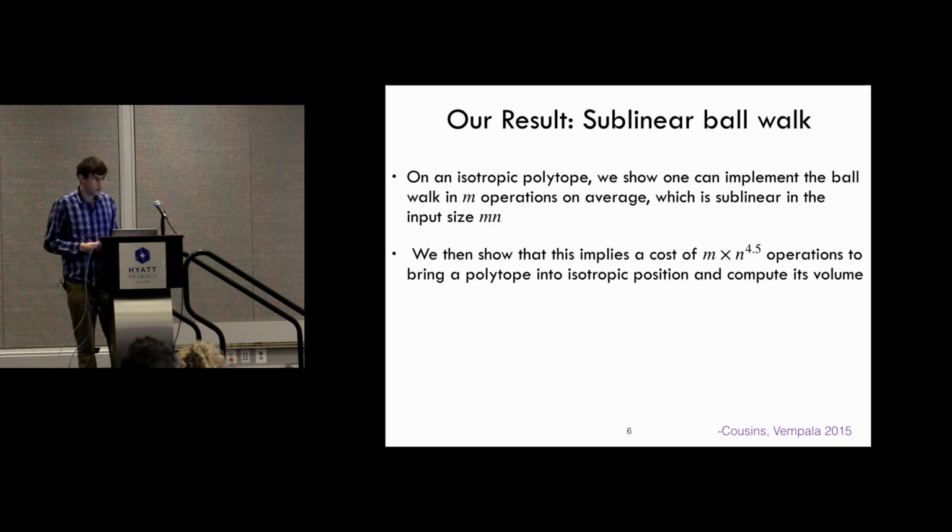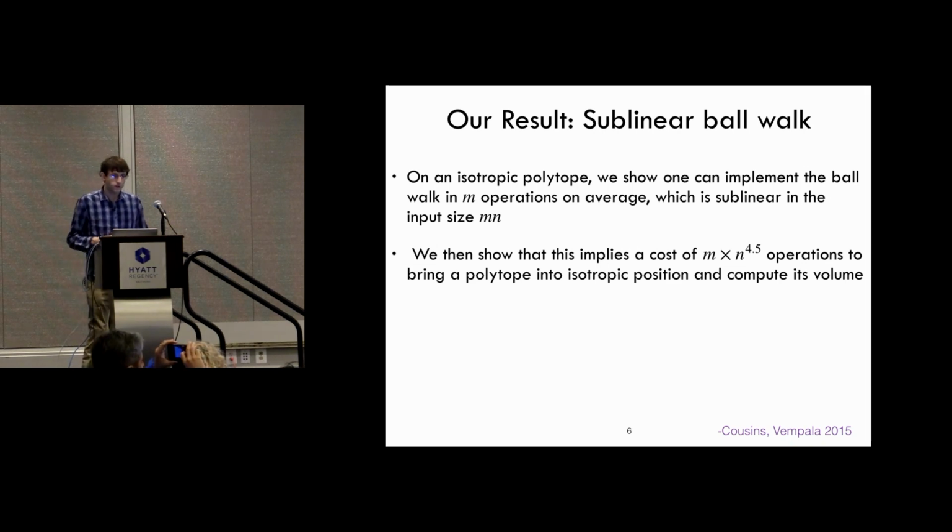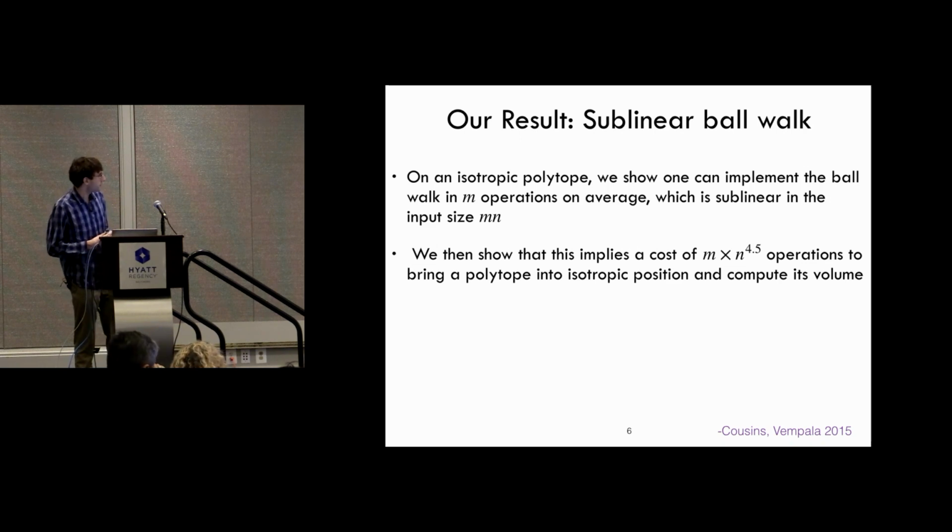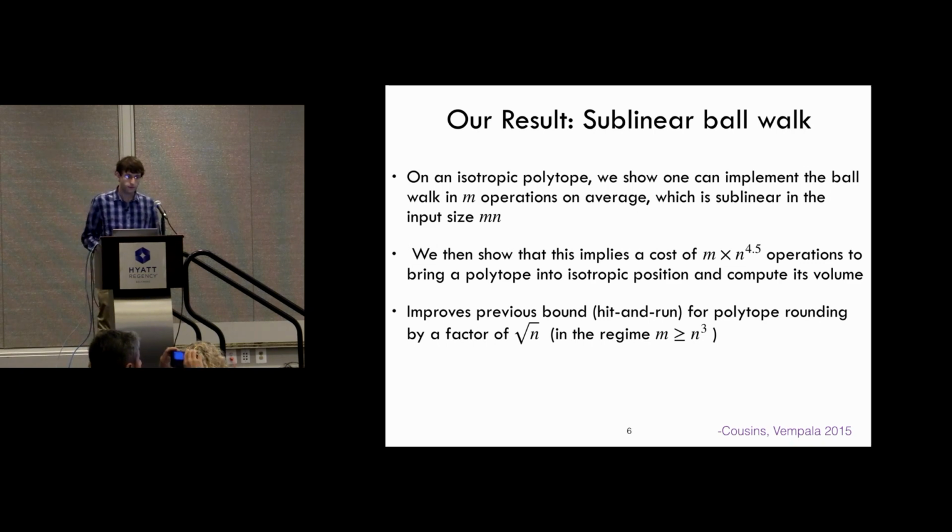We then show that this result implies a cost of m times n to the 4.5 arithmetic operations to round the polytope, to bring it into isotropic position. It also implies the same m times n to the 4.5 arithmetic operations to compute the polytope volume. This improves on the previous best bound for rounding a polytope by a factor of square root of n.